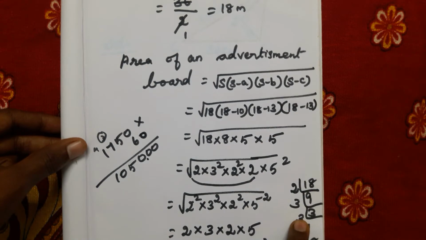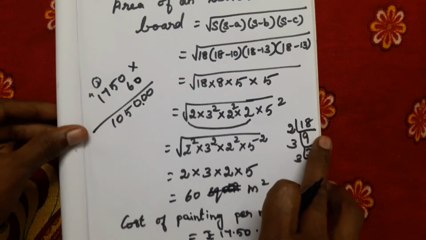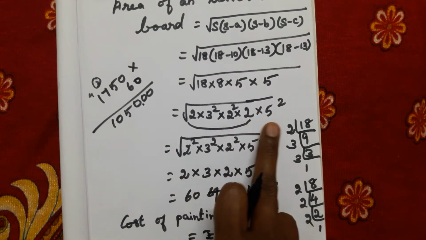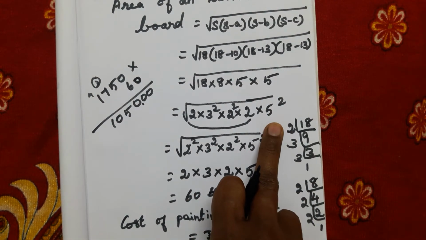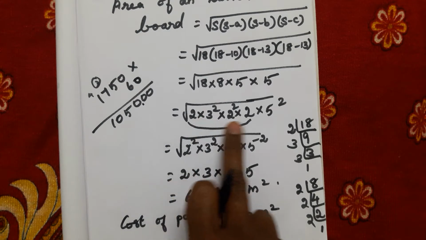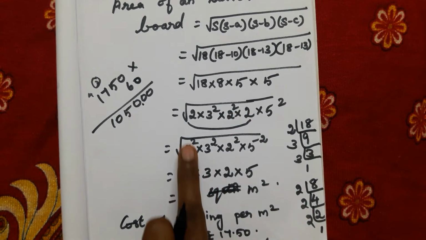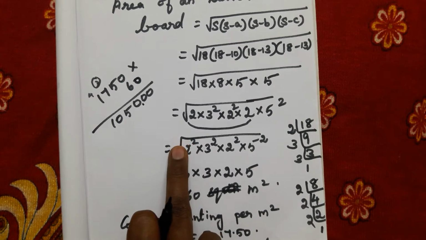This we can write: 18 in place 2 into 3 square, 8 in place 2 square into 2, next 5 into 5 we can write 5 square. It is equal to root of 2 square into 3 square into 2 square into 5 square. Everything is a square number.